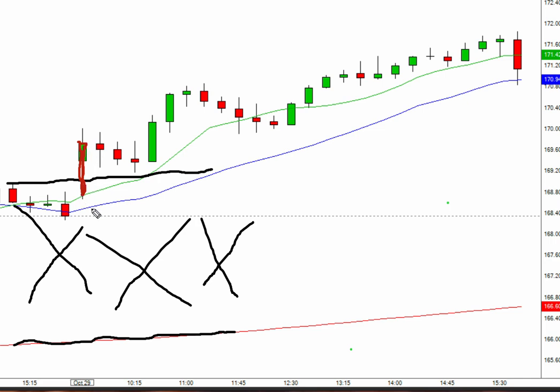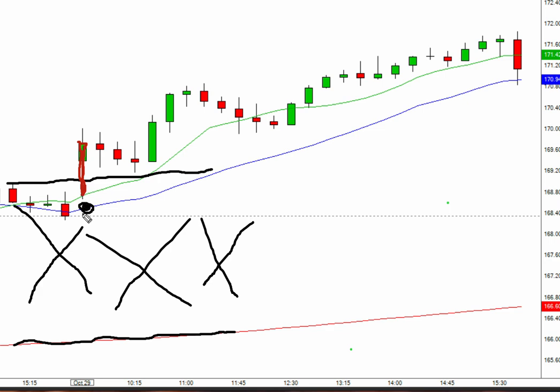It's red. However, if you look closely enough, you'll see that this 20 right down here is your support. Not only that, but that's where the power is. You're trading against position.